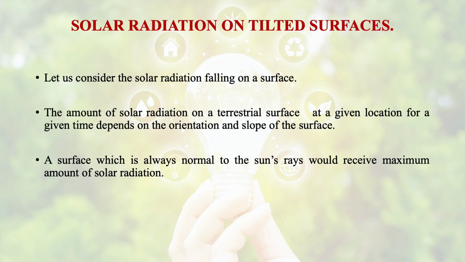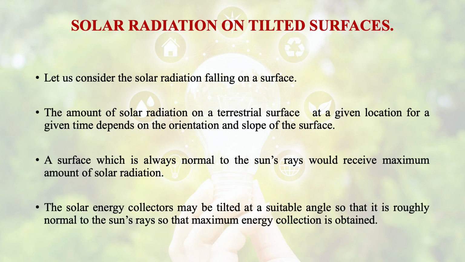A surface which is always normal to the sun's ray would receive maximum amount of solar radiation. The solar energy collectors may be tilted at a suitable angle so that it is roughly normal to the sun's rays, so that maximum energy collection is obtained.